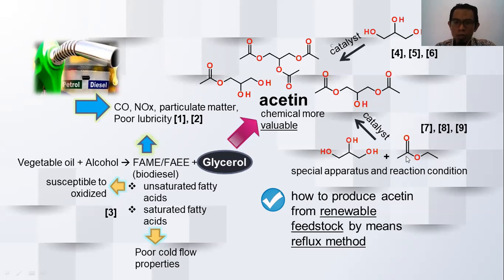The last method needs special apparatus and reaction condition. So in this work, we demonstrated how to produce acetin from renewable feedstock by means of the simple reflux method.